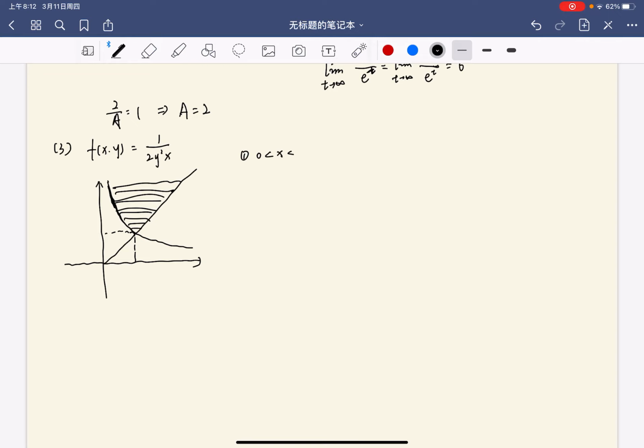3 parts. When x is smaller than 0, it is obvious that in this part, f(x) should equal 0.